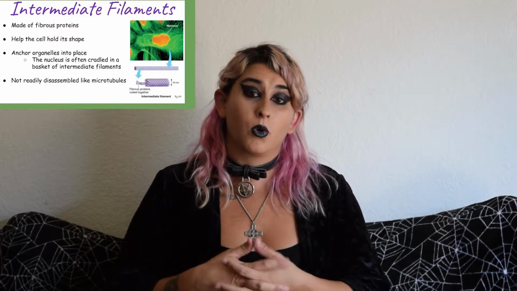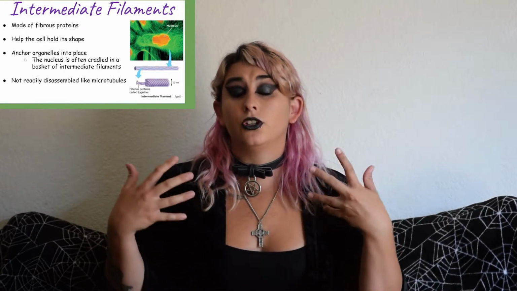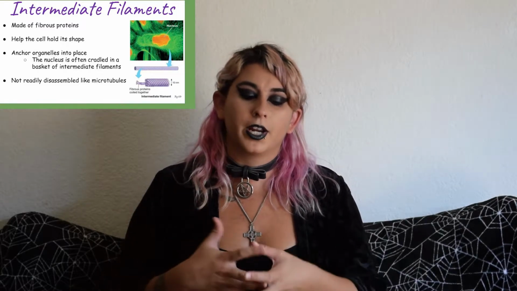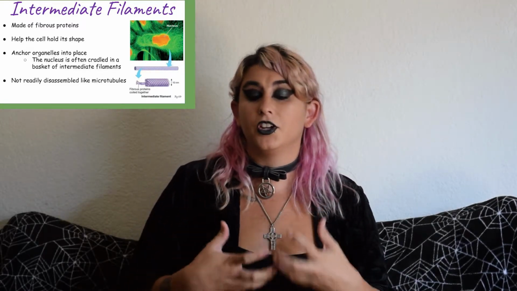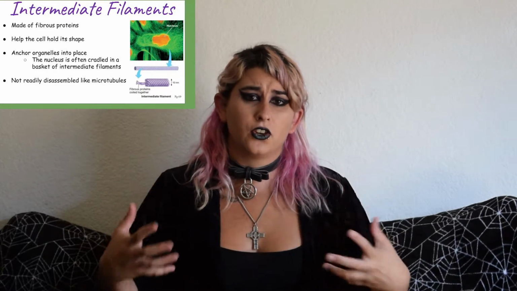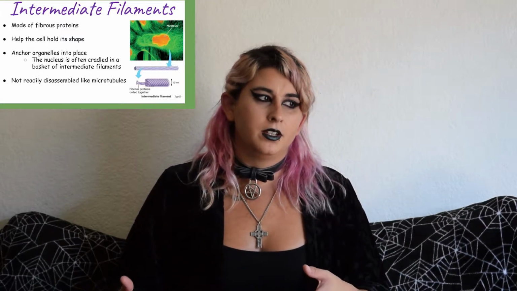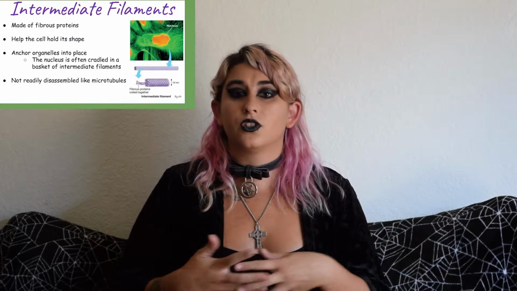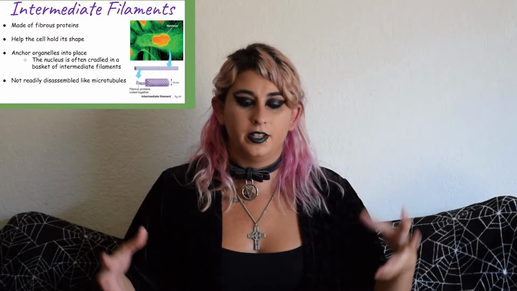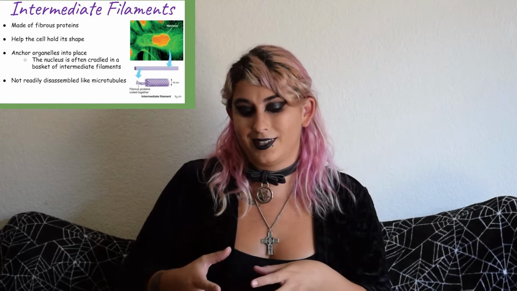They're also very important in anchoring organelles into place, especially the nucleus, which is often going to be cradled in a basket of intermediate filaments. So they just anchor those organelles that have no reason to be moving around the cell. They're not like a lysosome that needs to move to a food vacuole. It's more important that this organelle stays in one place.